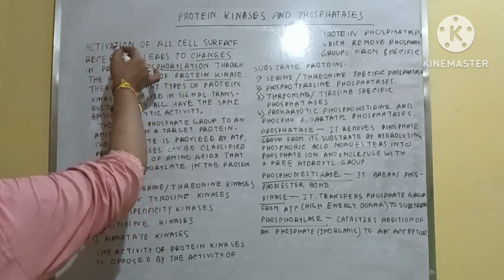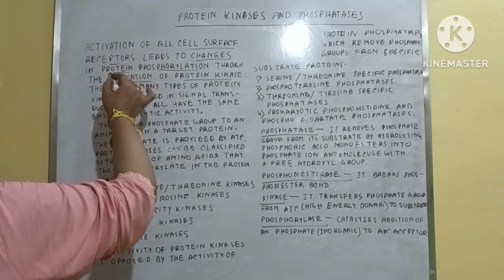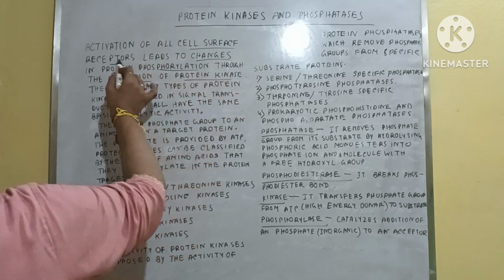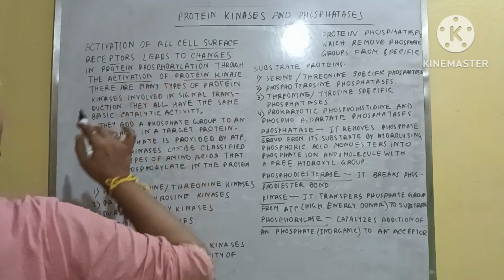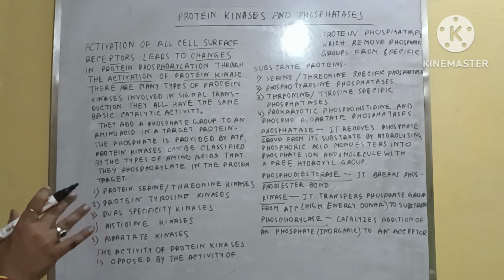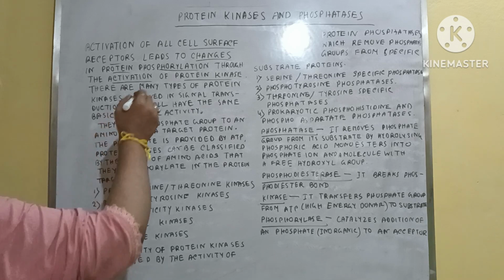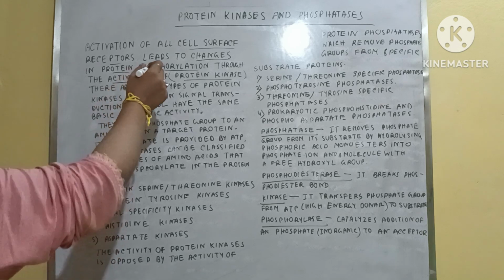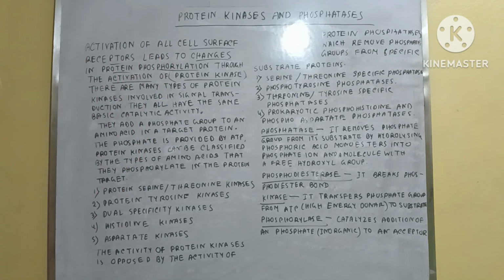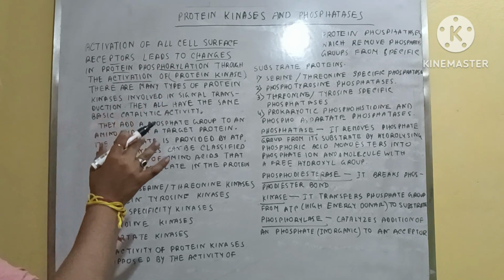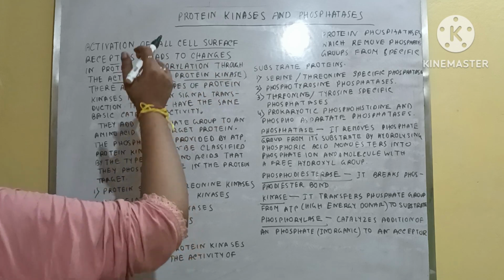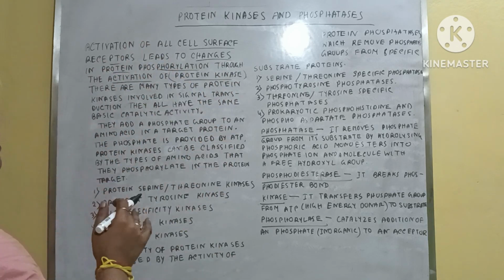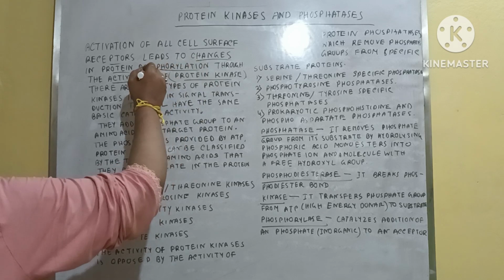Due to the activation of these receptors, some protein phosphorylation occurs, and through this activation of the protein kinase, the important role is seen: protein kinase is responsible for the phosphorylation process.